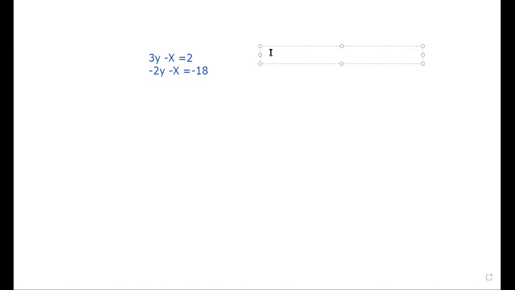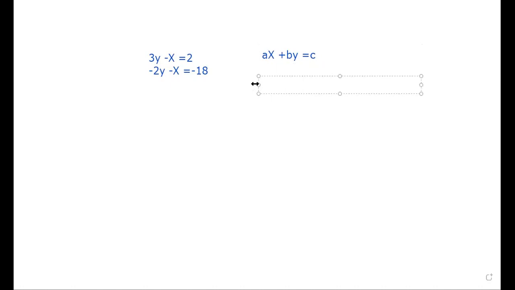What is the standard form, grade 7, grade 8? Ax plus By equals C, right? So I want to write those two equations in standard form.